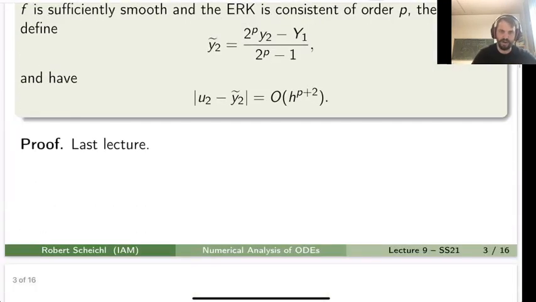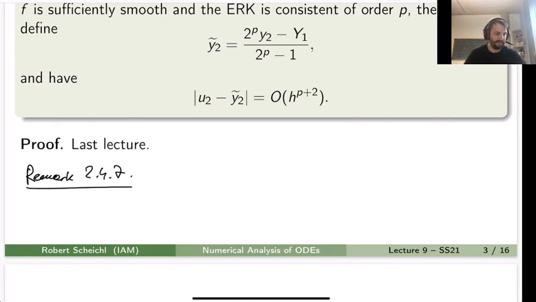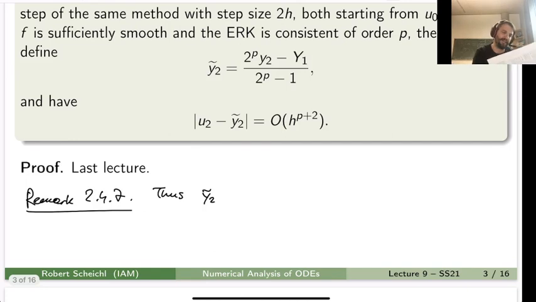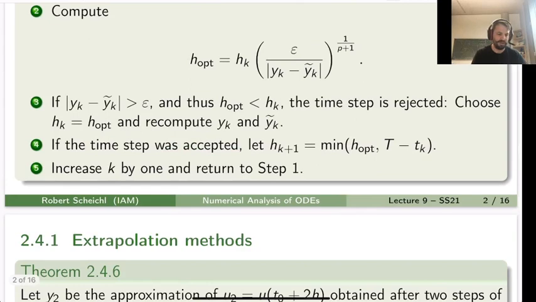There are a few remarks I wanted to add, so we start here. Remark 2.4.7. Thus, y2 tilde up here in this formula, so maybe I give the numbers again in case we need them later: this was 227, this was 228, and this was 226.